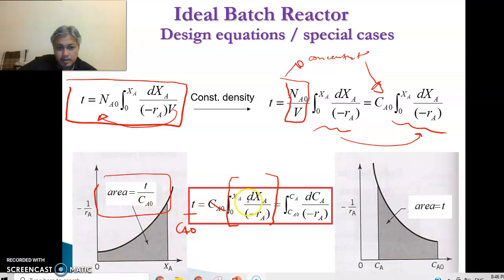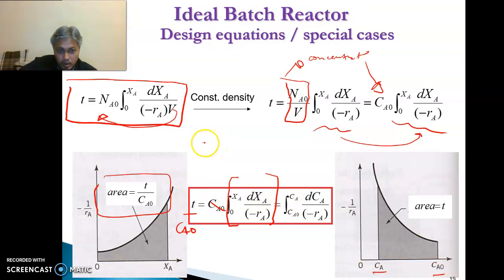Bear in mind, for this graph, the limit is still in terms of the conversion, which is from 0 to xa. So if you want to express it in terms of ca to ca naught, what we need to do here is we can use this formula that we have done previously, ca naught minus ca naught xa equals ca.